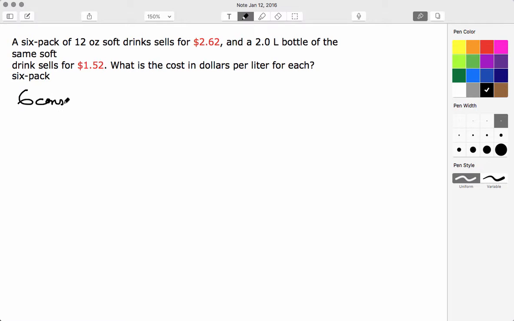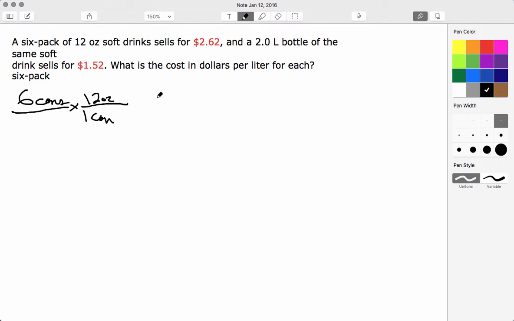And it tells you the volume of each can. So one can is 12 ounces, and so I put cans on the bottom so it can cancel.